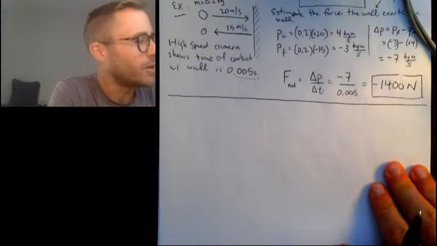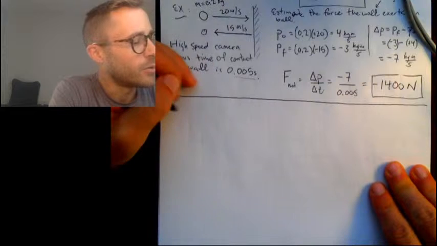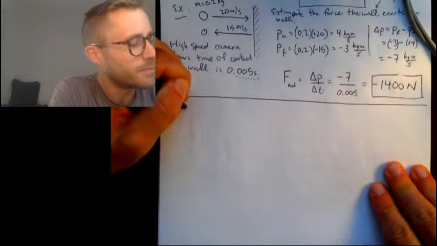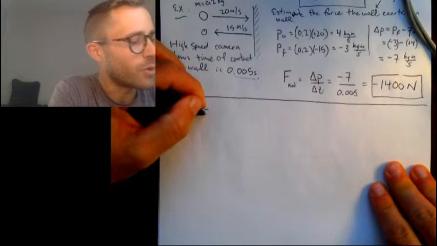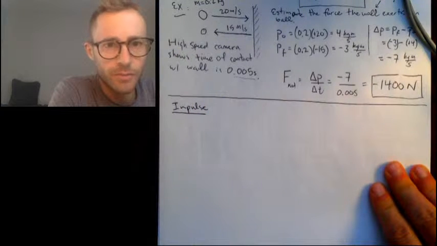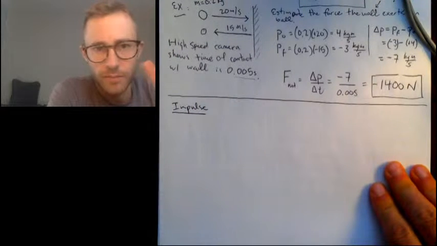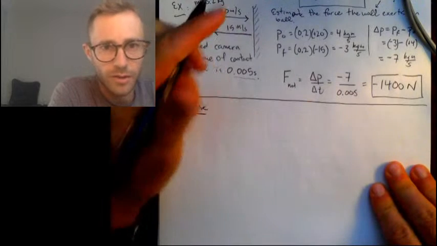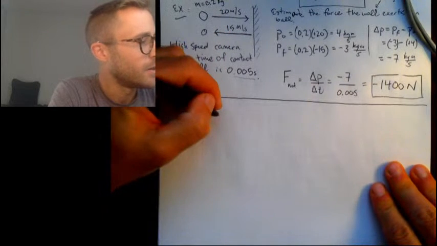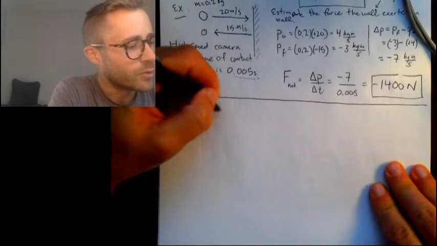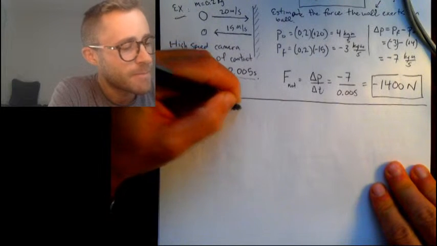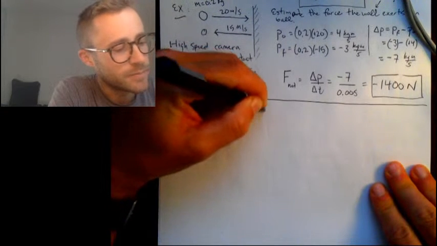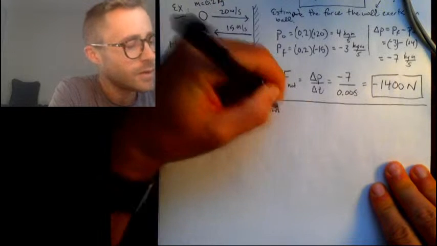Now I want to talk about another thing, which is called impulse. So I'm going to be teaching you two different ways to calculate impulse. All right. The first way that I'm going to have you calculate it is for a constant force.